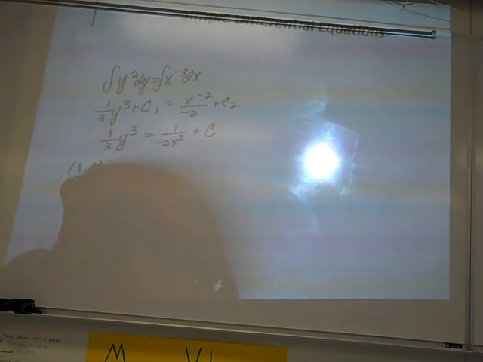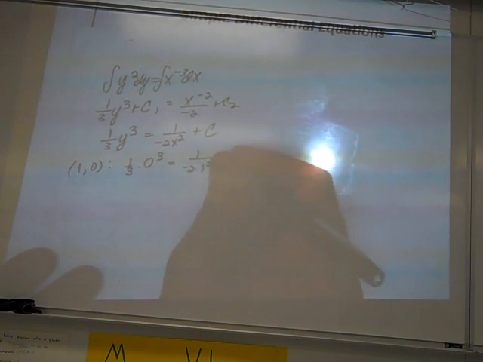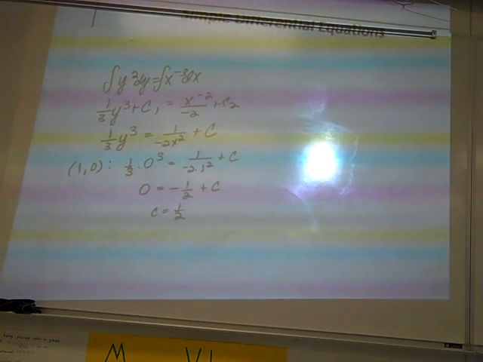So if x is equal to 1, y is equal to 0, which gets me 1/3 times 0 cubed equals 1 over negative 2 times 1 squared plus c. 0 cubed times 1/3 is 0. 1 squared times negative 2, divide that into 1, you get negative 1/2 plus c. And c is equal to 1/2.